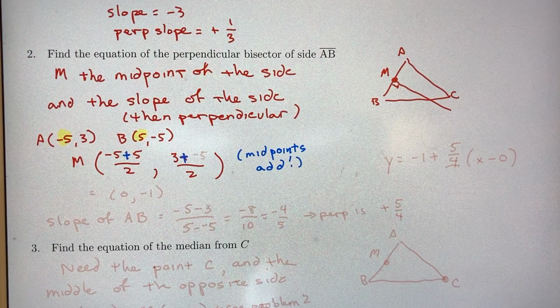Cleaning up my handwriting a little bit. Hold on a second. Okay, so then we have 0 and then -2 halves. There you go. Okay, so I use that point in my point slope form.